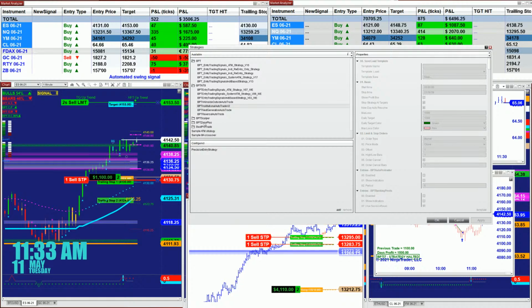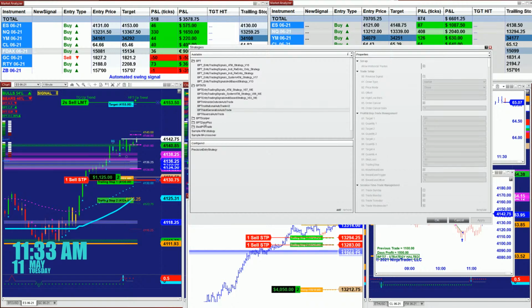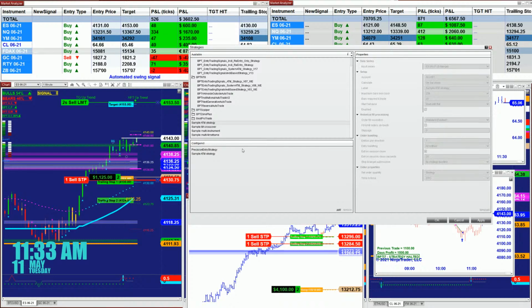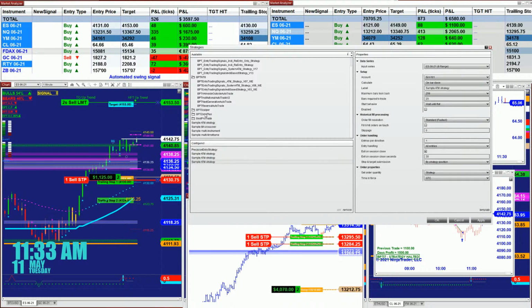On Monday, we cover the new auto trade on the zone. How many did we say we have? 13. And we have the scalper. Then we have the zone.